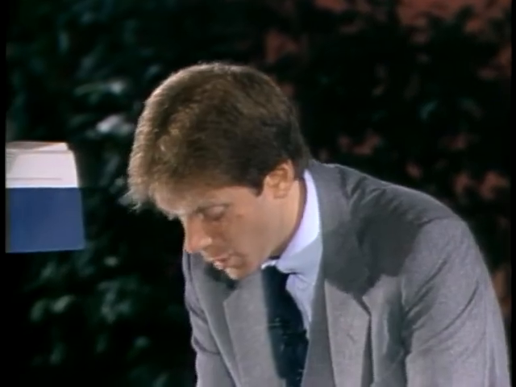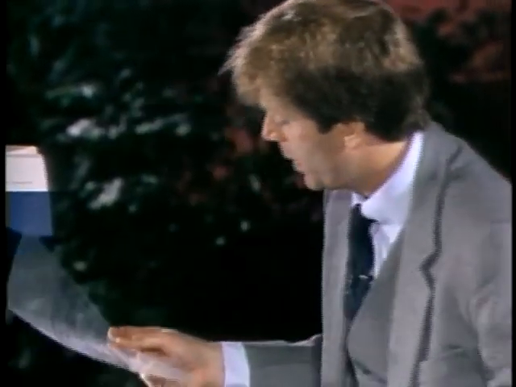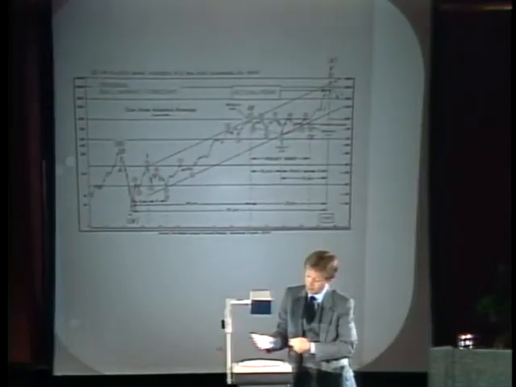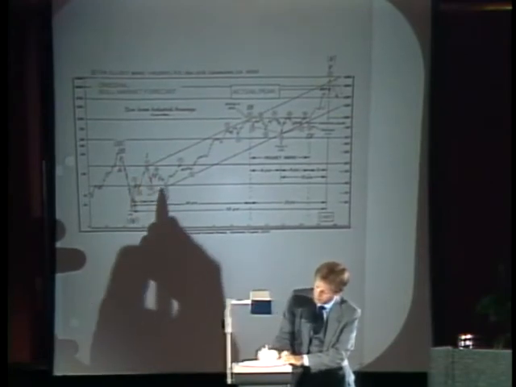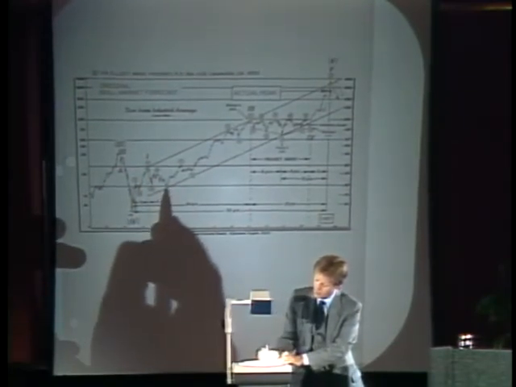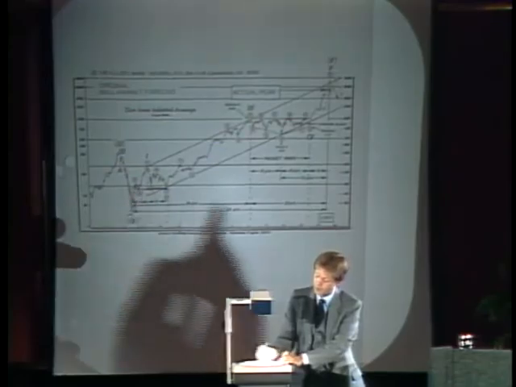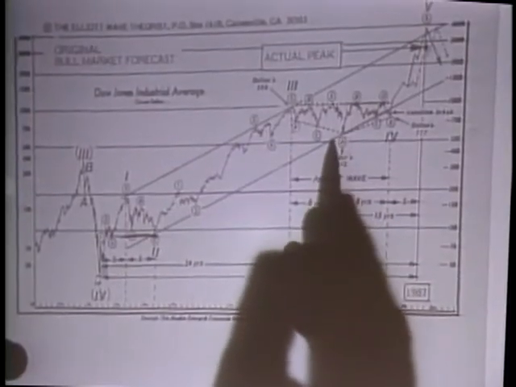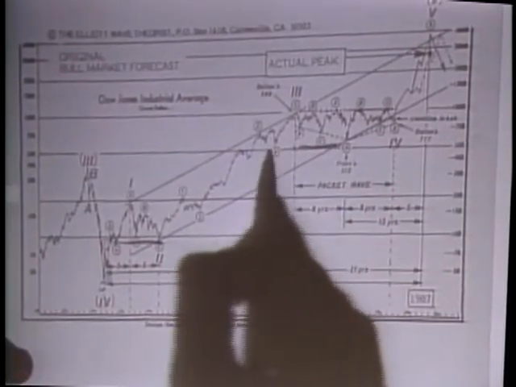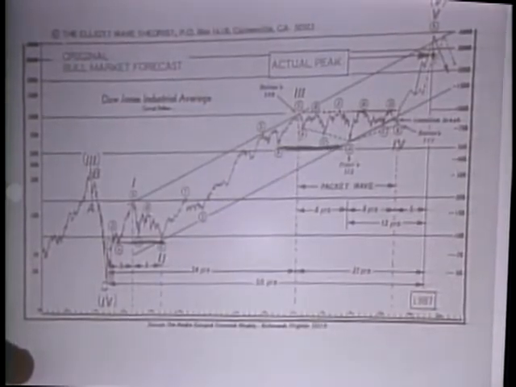As a matter of fact, Bob showed several earlier when he put up this chart where corrective action, here's 1942, train your eye to the left, there's a 4. Here's 1974, train your eye to the left, there's another wave 4.